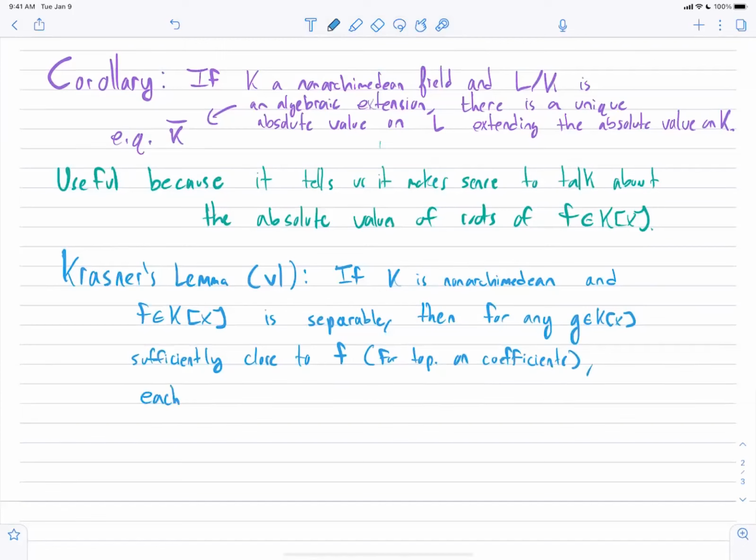Each root alpha_i of F, in any algebraic closure. So let me pick some algebraic closure.